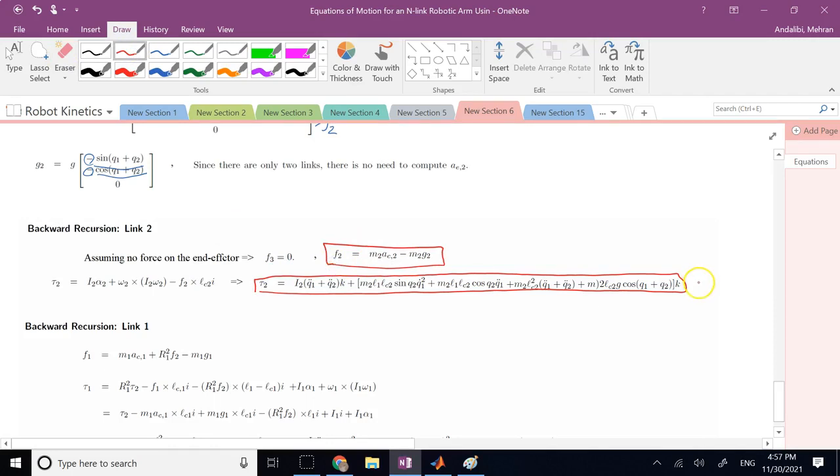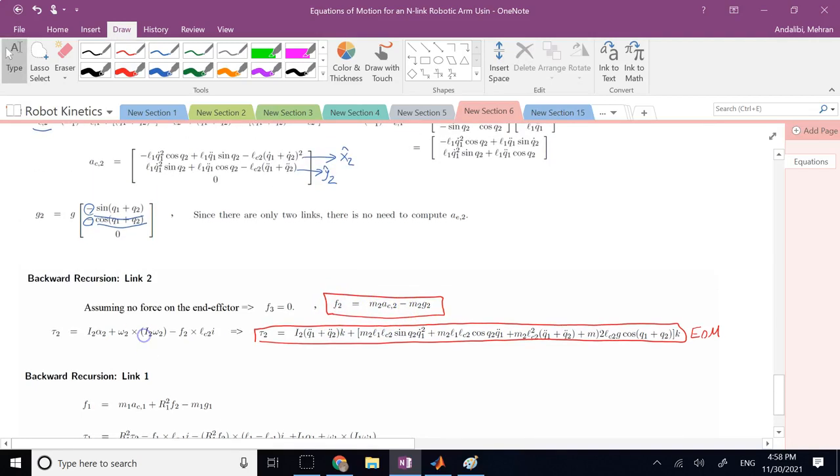So this one is the equation of motion, because if I know the torque, I can find my double dot terms. On the other hand, if I know my double dot terms, I can calculate tau. This F2 is definitely the reaction force. For it, you clearly see I need G2 and AC2. And G2 is already here.